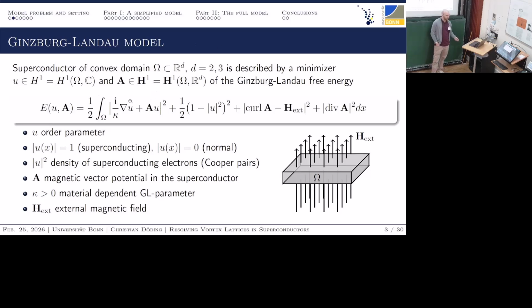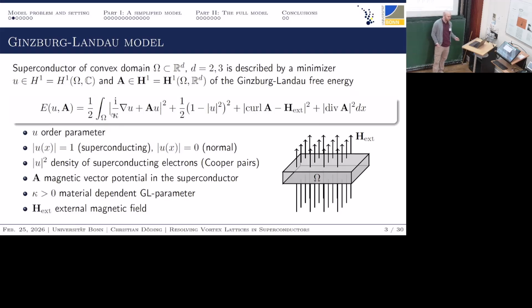And the second argument here is this vector field A, which is the electromagnetic vector potential within the superconductor. There the physical observable is the curl of A, which describes the magnetic field within the superconductor. And the Hx here is the external magnetic field that we apply to it. Okay, let's have a brief closer look at the energy.